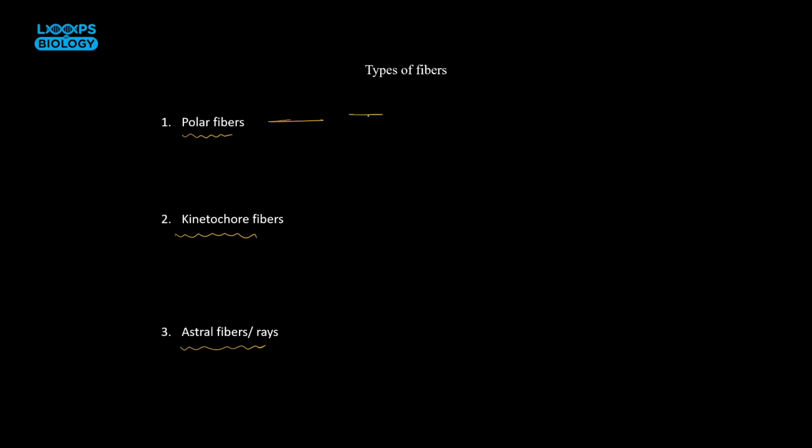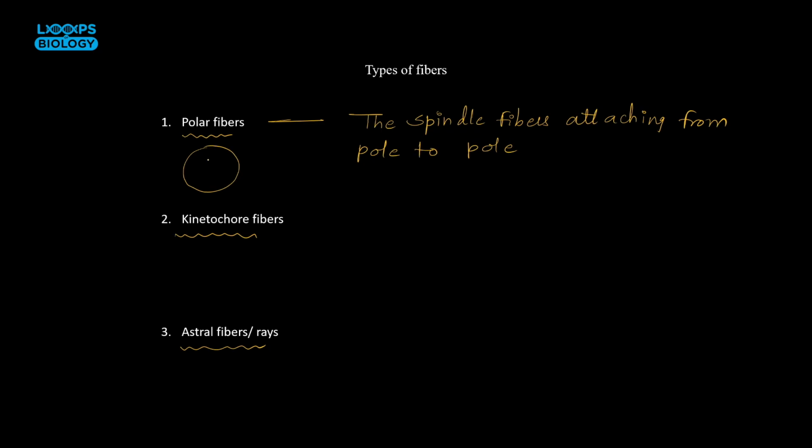Suppose this is my cell and this is your centriole. There are spindle fibers attaching from pole to pole. These pole to pole attached spindle fibers are called polar fibers.